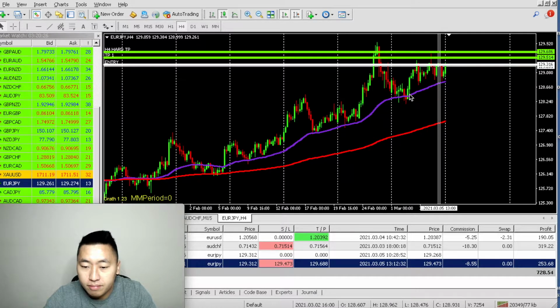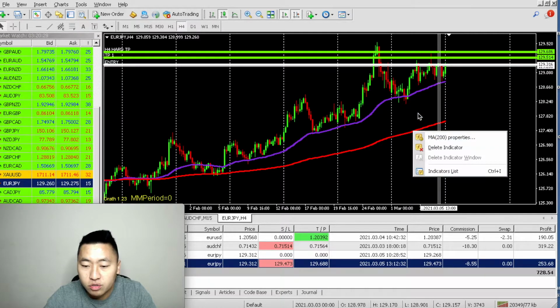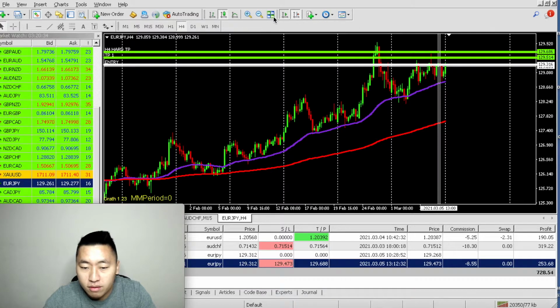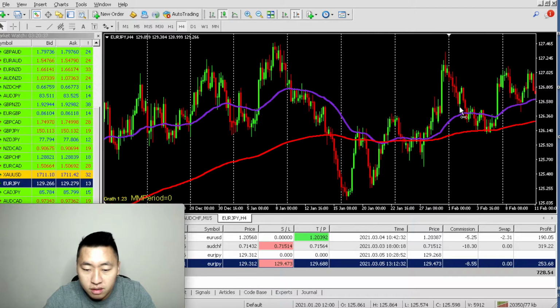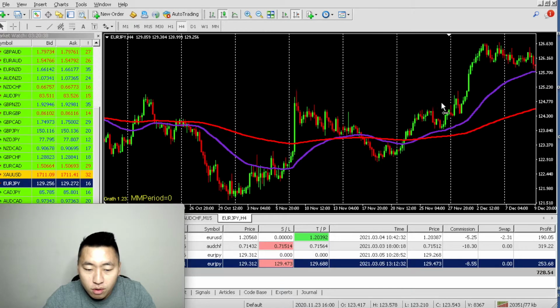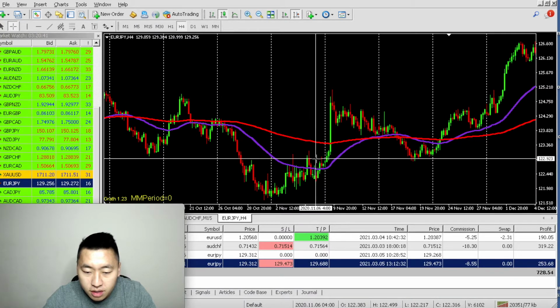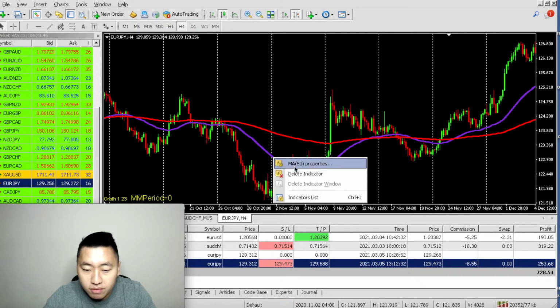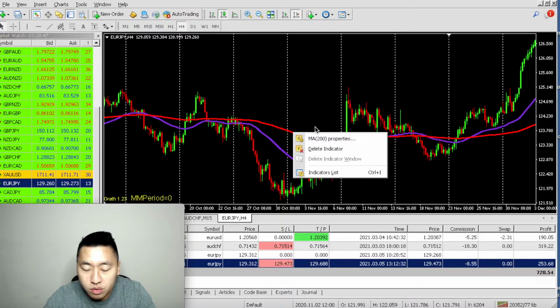For H4, I don't really look at the 200, but if it's above both, it's an even better confirmation. Let me show you an example for a buy. If price was right here, I would still do a buy because it's above the moving average 50. I don't look at the 200.